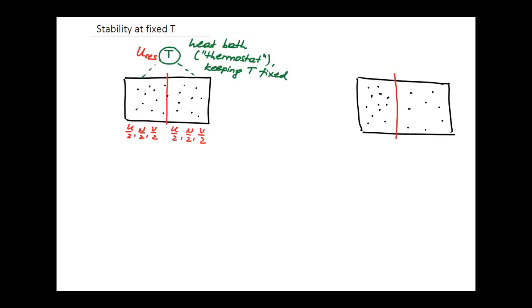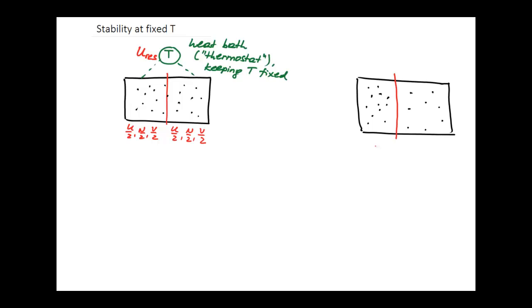And in this case, let me make the division in such a way that in this inhomogeneous scenario, you have on the left-hand side a smaller volume than on the right-hand side.